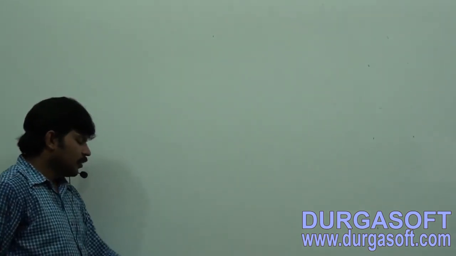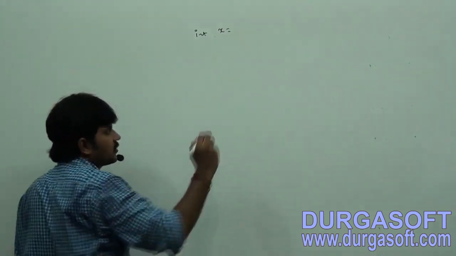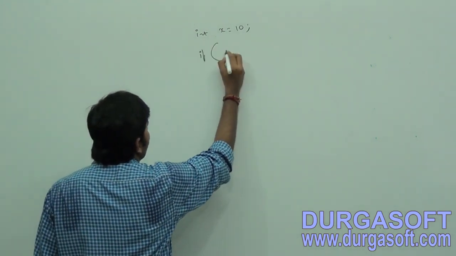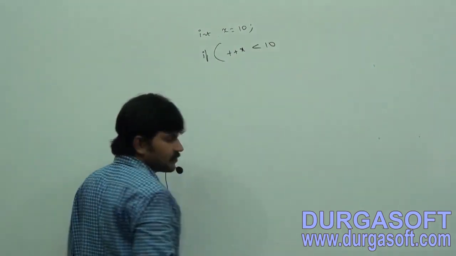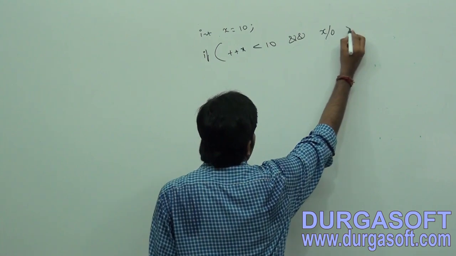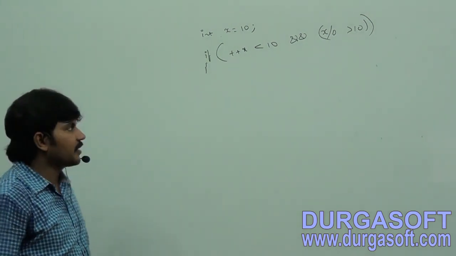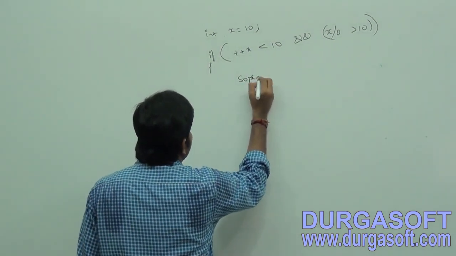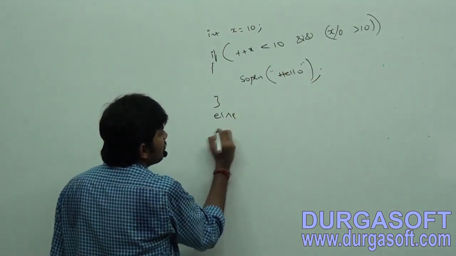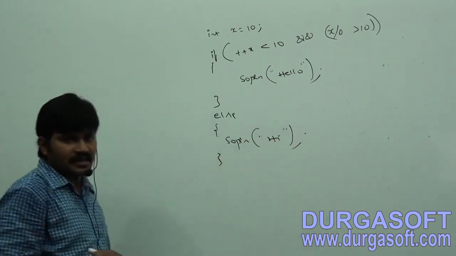I am taking int x is equal to 10. If plus x less than 10, double and x by 0 greater than 10, System.out.println Hello, else System.out.println Hi.